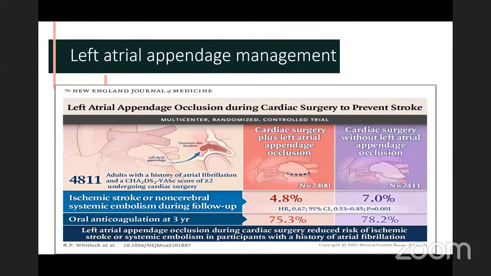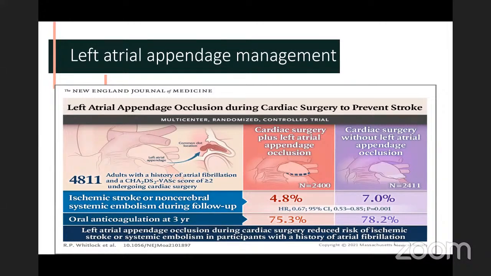They had around 4,818 adult patients with atrial fibrillation who had a CHA2DS2-VASc score of 2 or more undergoing cardiac surgery. They examined ischemic stroke and non-cerebral systemic embolism during the follow-up period.